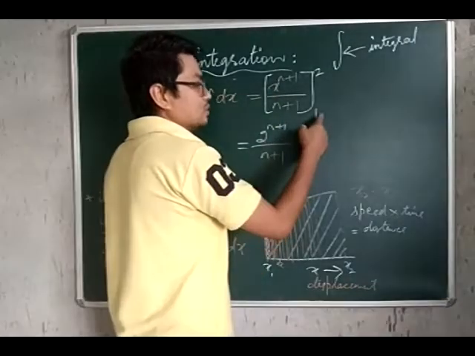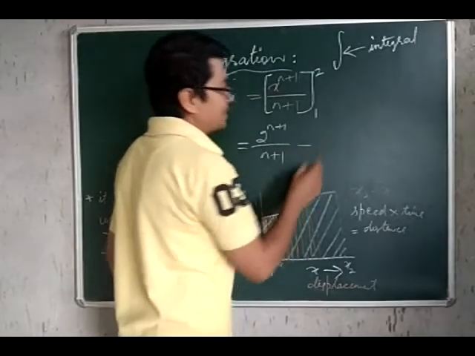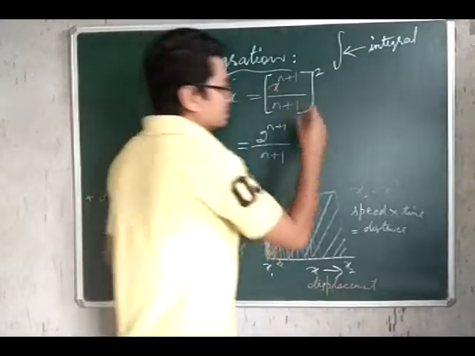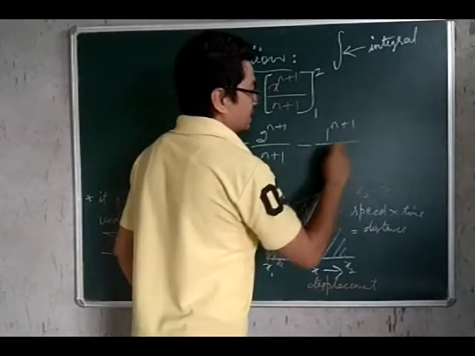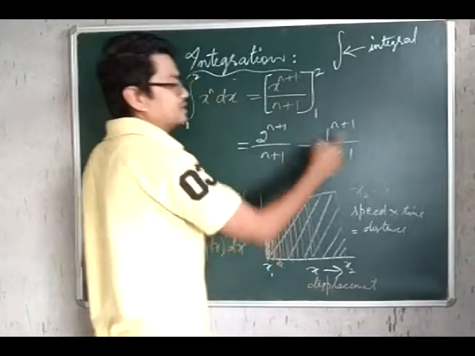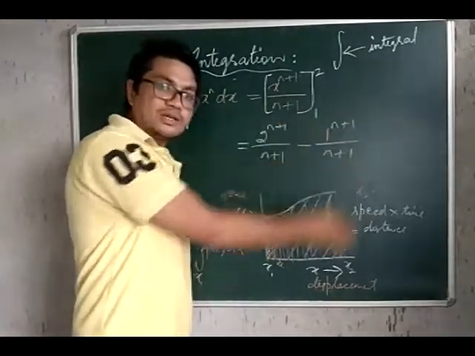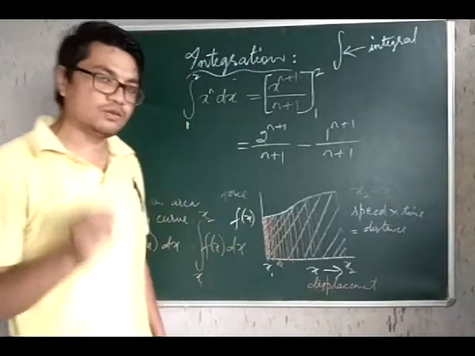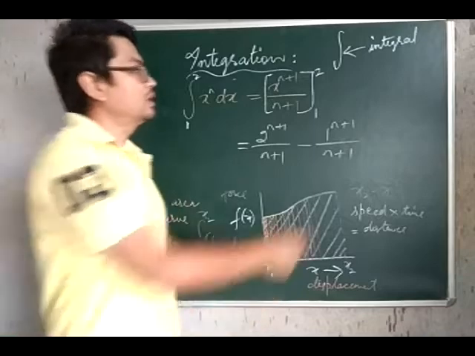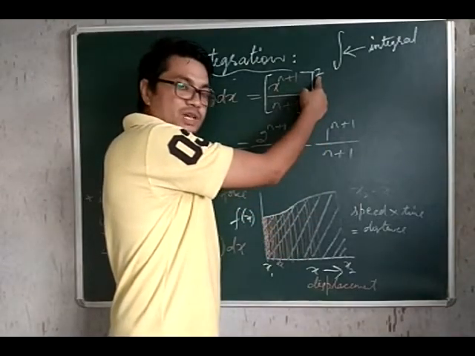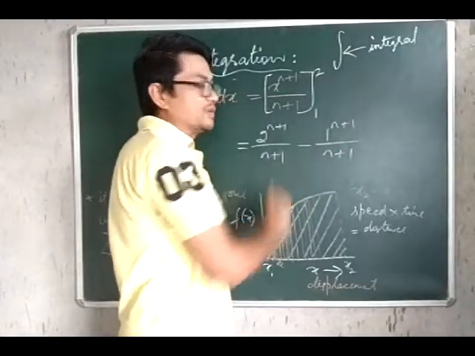Then you substitute the lower value of x, so 1 to the power n plus 1 divided by n plus 1, and you find the difference between the two. Now if n is given, you can easily calculate this. So this is how you solve for definite integration. First you substitute the value of the upper limit, then you substitute the value of the lower limit and find the difference between the two.